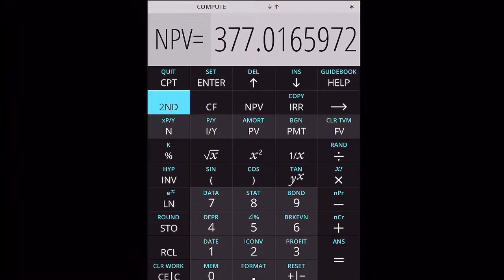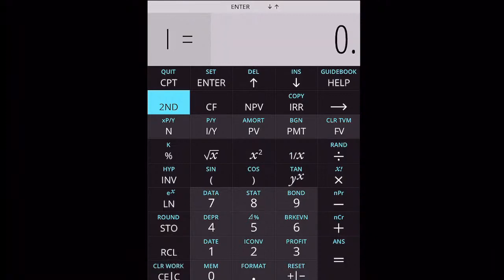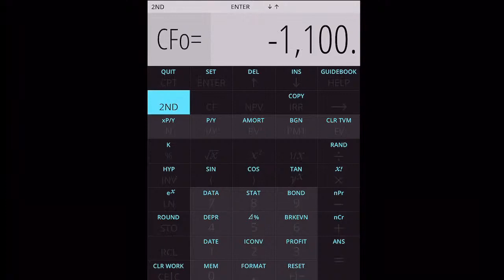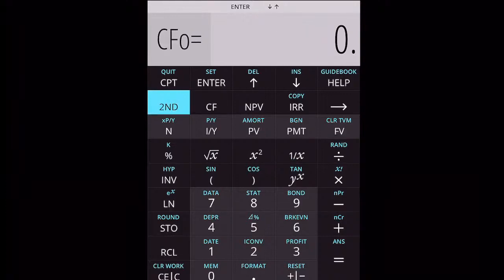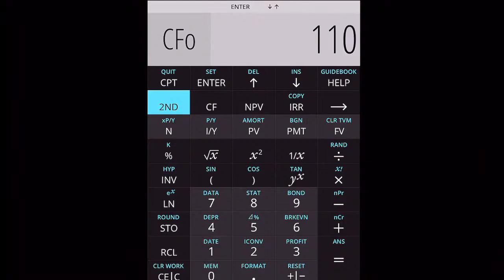So I guess I have to start over. So I have to go here and clear it. So CF, the initial cash flow is negative, then it's 500, enter, down, down, 700, enter, down, down, negative 500, enter, down, down, 1200.